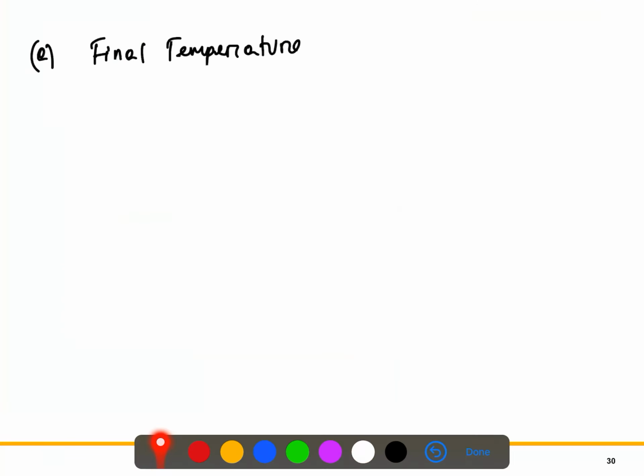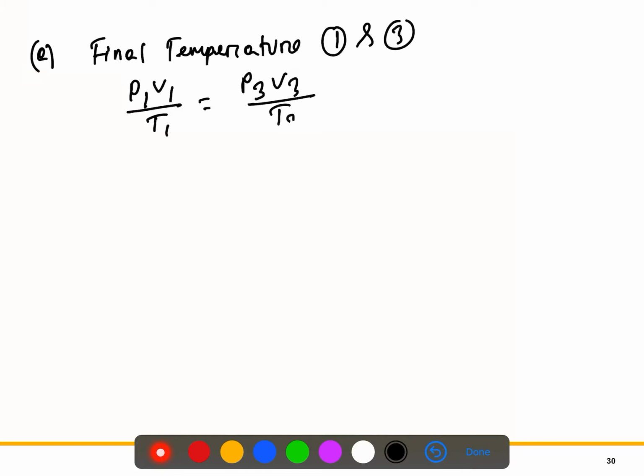From the ideal gas relation, P1 V1 over T1 equals P2 V2 over T2. But here we are applying this ideal gas equation for state 1 and 3, so it will be P3 V3 over T3. Here we know everything except T3, so let's substitute all the values.